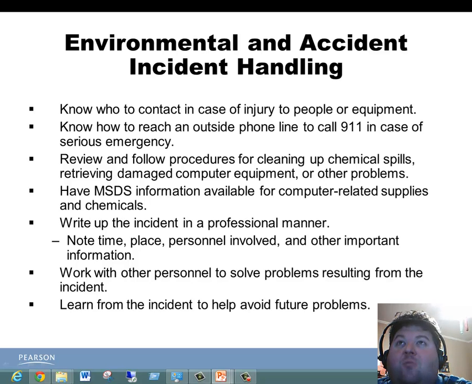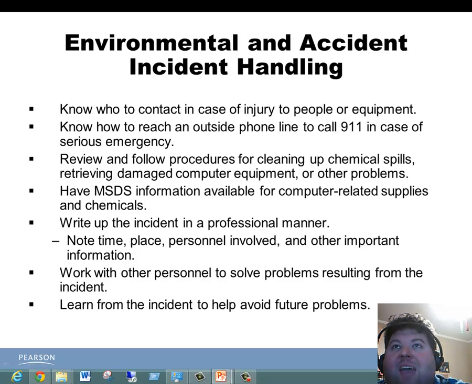This becomes especially important if you end up working after hours somewhere, or you're helping someone after hours. Know how to reach an outside phone line to call 911 in a case of a serious emergency. I always keep my cell phone handy, but if you're not able to do that or you're in an area where your cell phone doesn't work, make sure you know what the code to get an outside line is in case you need to call 911.